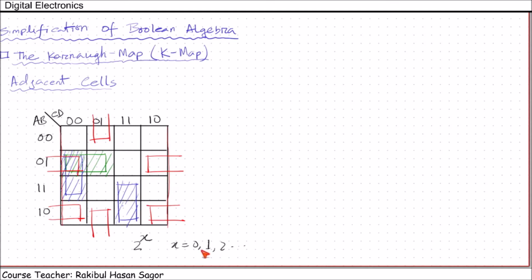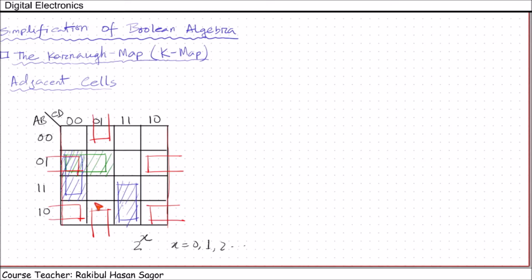So we can take either 2 to the power 0, that means 1 cell, single cell, 2 to the power 1, 2 cells, 2 to the power 2, 4 cells. So 4 cells can be taken together, or 8 cells, or 16 cells can be taken together if they are adjacent.